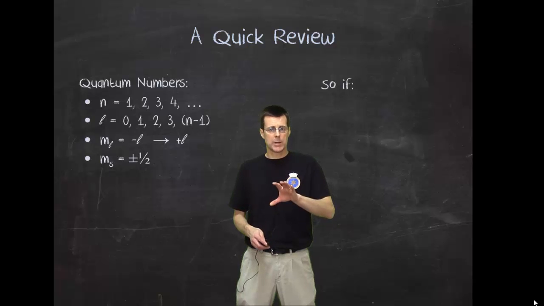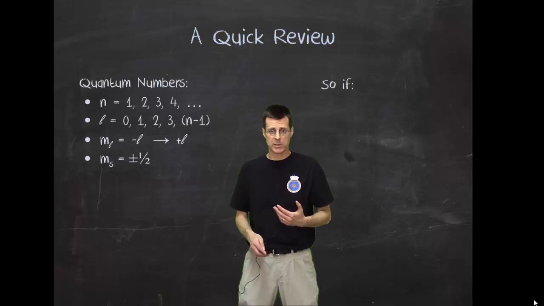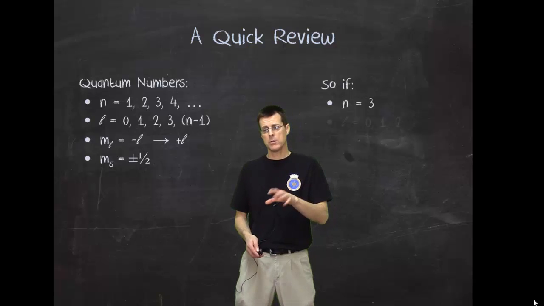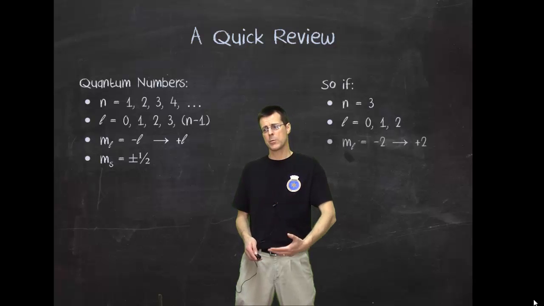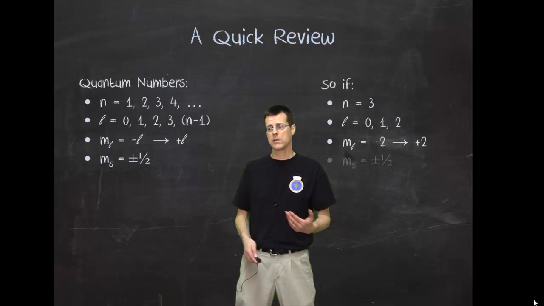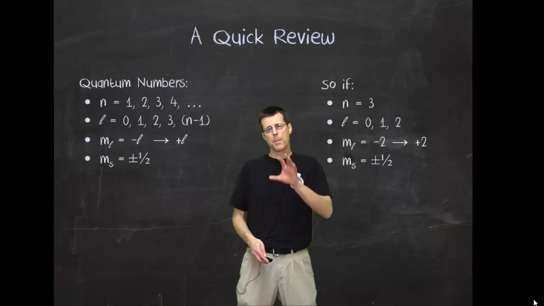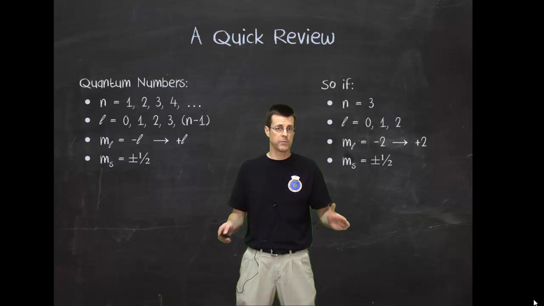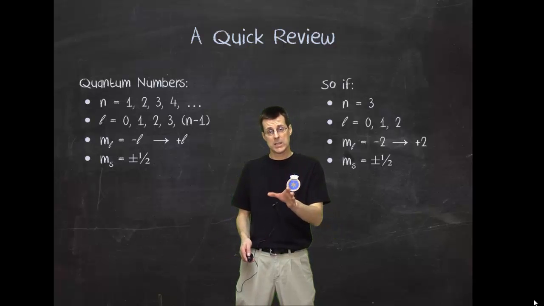If we were to look at a particular example, and we've done questions like this, of course, in class, if n is equal to 3, you know what to do. You know how to take the L values and come up with those. You know how to come up with the m sub L values, and you know how to come up with the spin values. But here's where we need to pause. In the third energy level, we have room for 18 electrons.